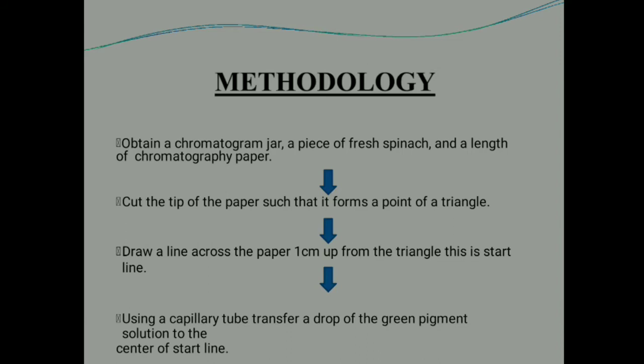Then cut the tip of the paper such that it forms a point of a triangle. Draw a line across the paper 1 centimeter up from the triangle. This is the start line. Using a capillary tube, transfer a drop of green pigment solution to the center of the start line.